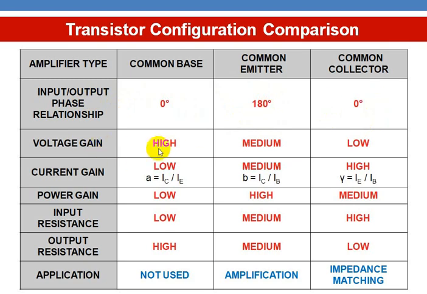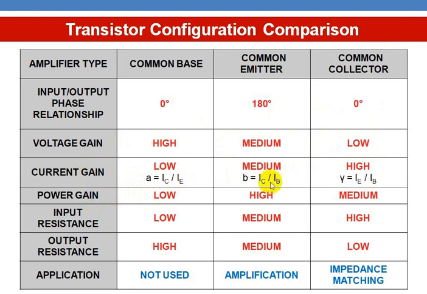Coming to the voltage gain, it is high for common base, medium for common emitter, and low for common collector. Coming to current gain, it is low for common base, medium for common emitter, and high for common collector. Power gain is low for common base. Power gain is the ratio of power output to power input.